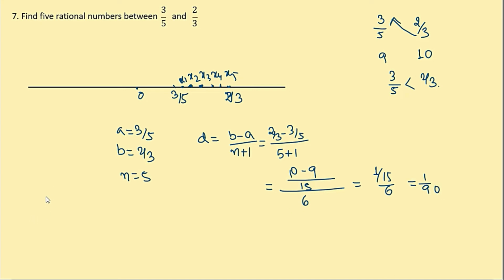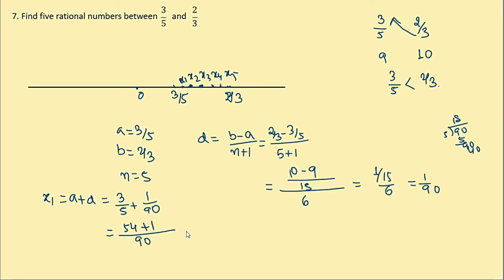So X1 equals A plus D, that is 3 by 5 plus 1 by 90. You see how much is 90? 5 by 18, right? 5 eights are 40. So 3 into 18, that is 54, plus 1, that is 55 by 90.